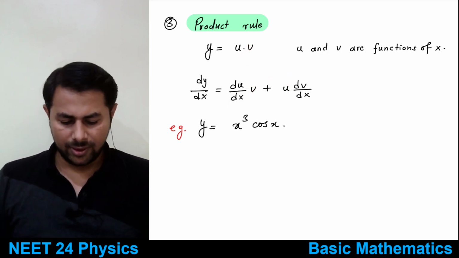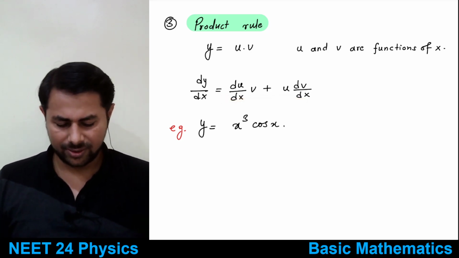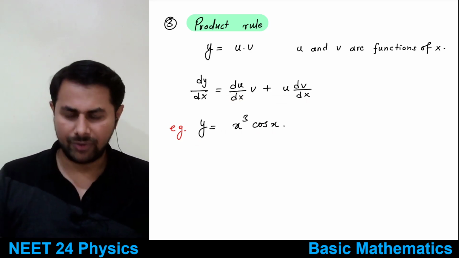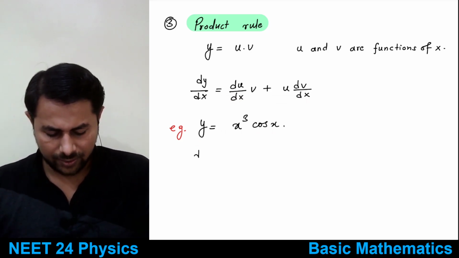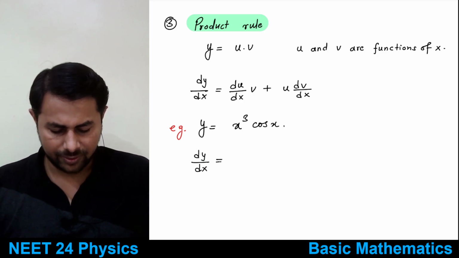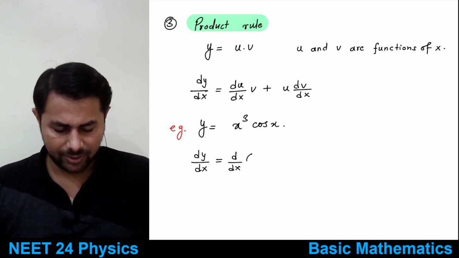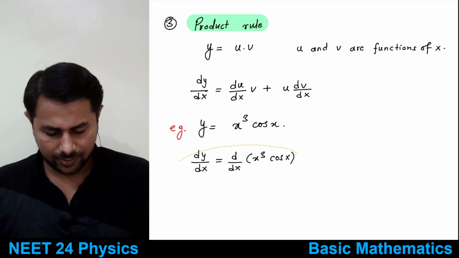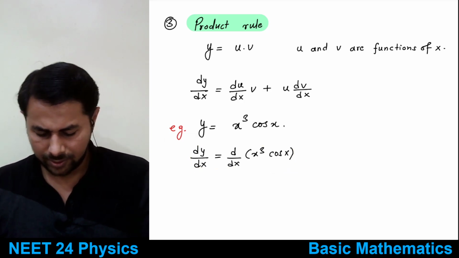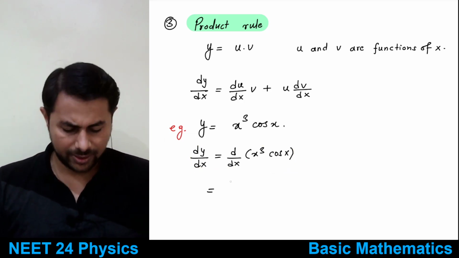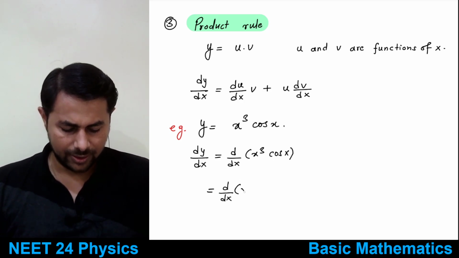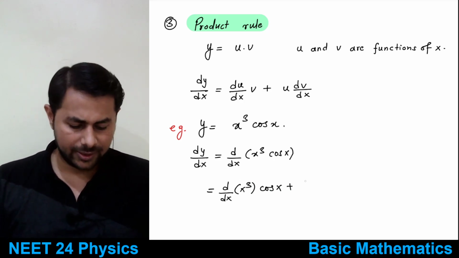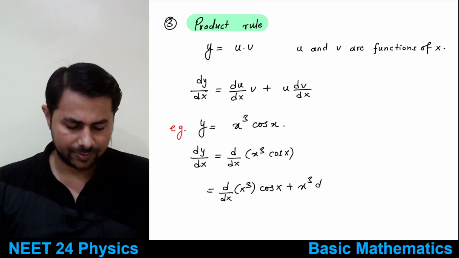Let's try to apply this. You have y equals x cube cos x, and let's take the derivative. dy by dx is d by dx of x cube cos x. That equals the derivative of x cube, cos x as it is, plus x cube as it is, times the derivative of cos x.